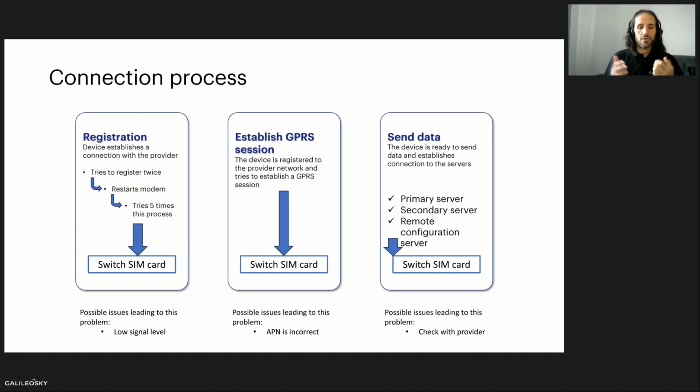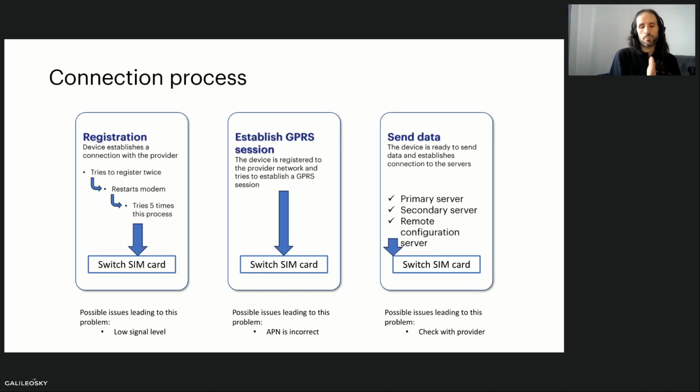For example, if your card is not enabled to work on this provider, maybe the card has some problem, or maybe the provider decided to disable or inactivate the card, you will stop at this step.